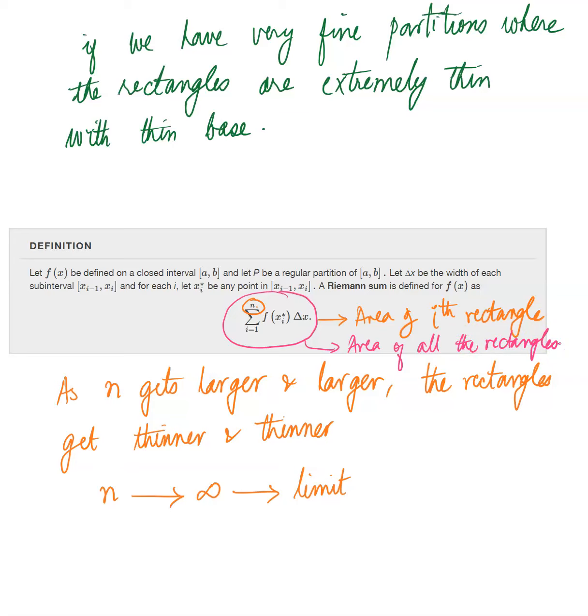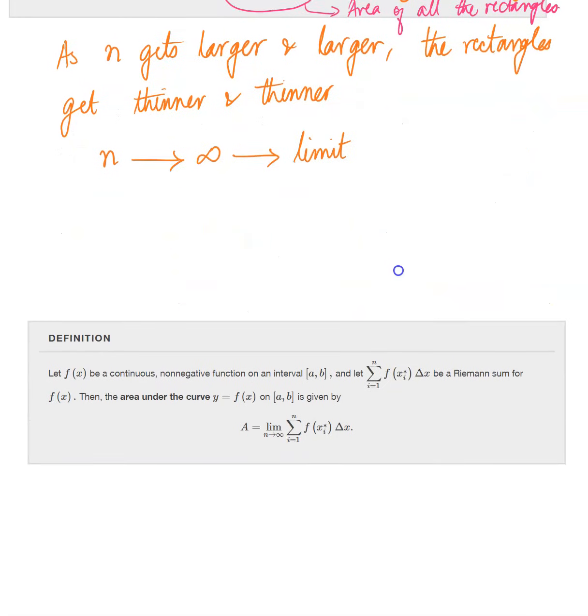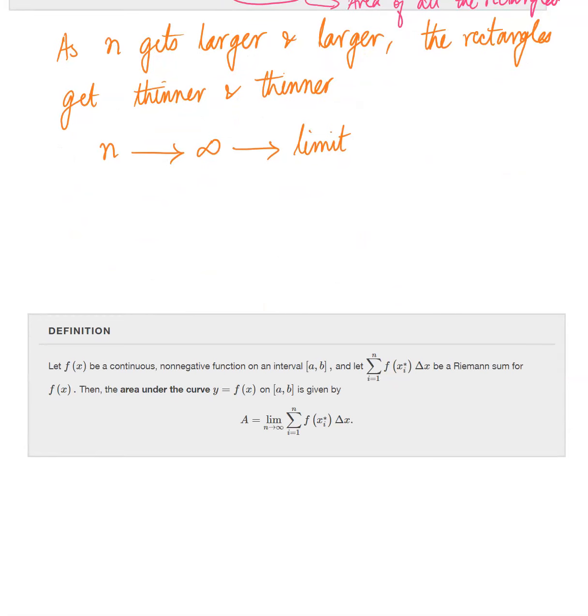So the formula inside is the area of the ith rectangle, but when you sum it, you get all the rectangles.